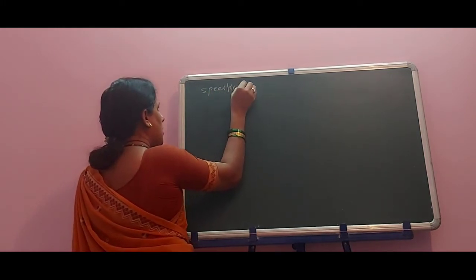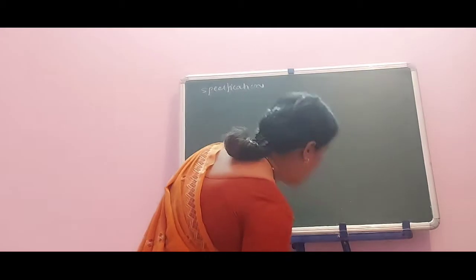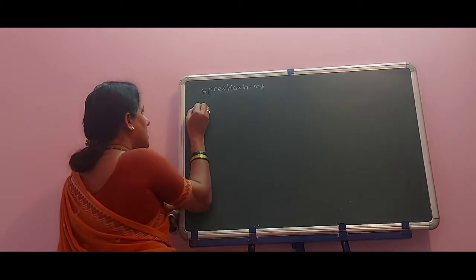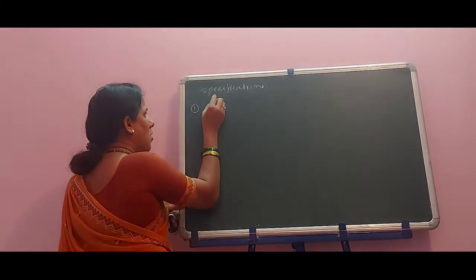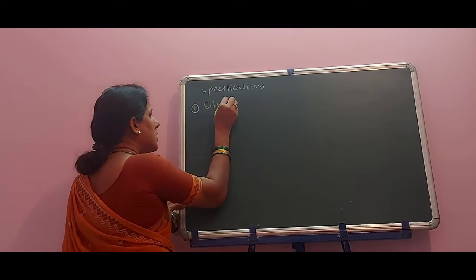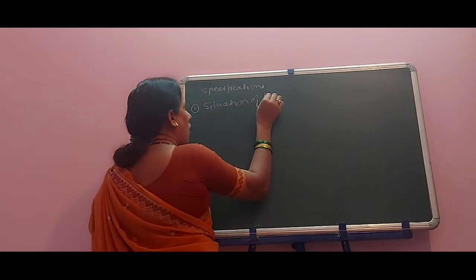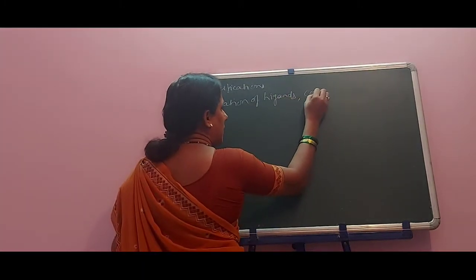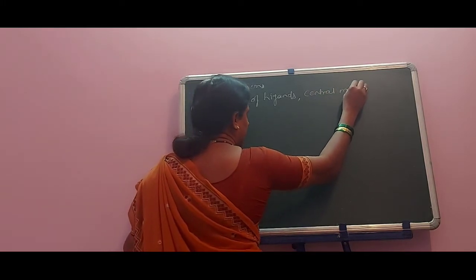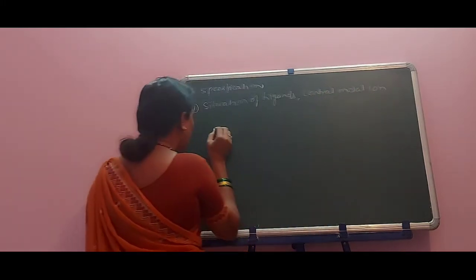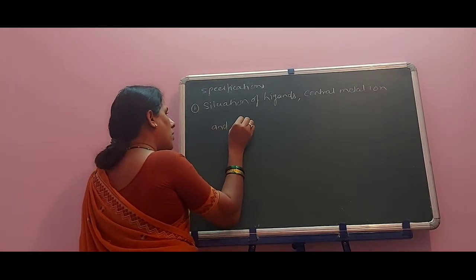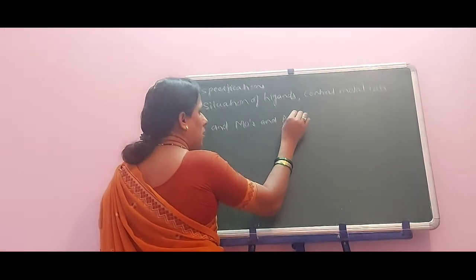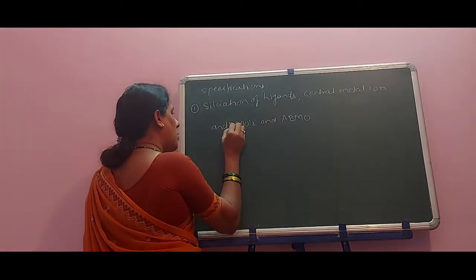What is the first point according to the diagram? The first point is the situation of ligands, central metal ion, bonding molecular orbitals and anti-bonding molecular orbitals.